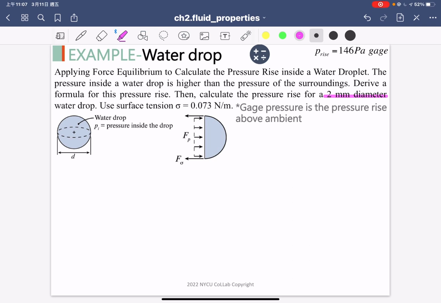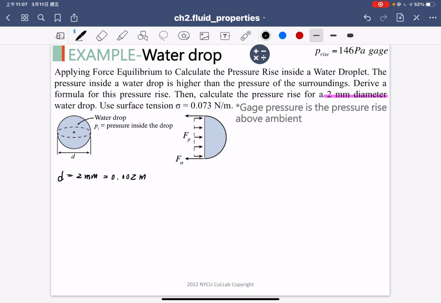Okay, so we go back to this exercise. We know the diameter D in our problem is 2 millimeters, so it is equal to 0.002 meter.